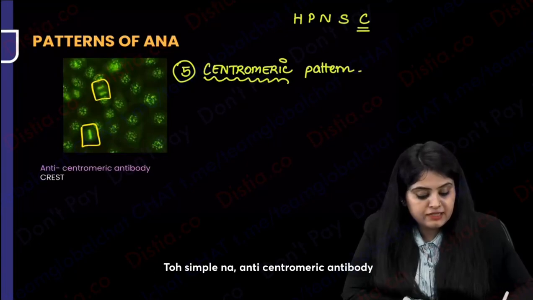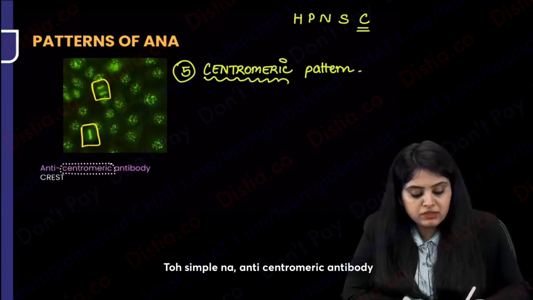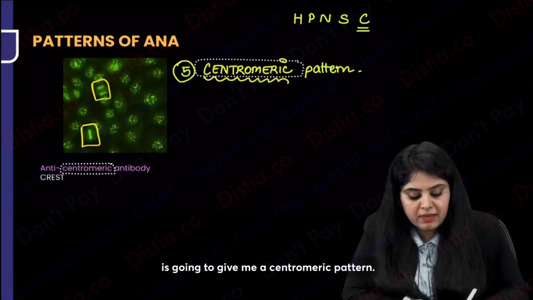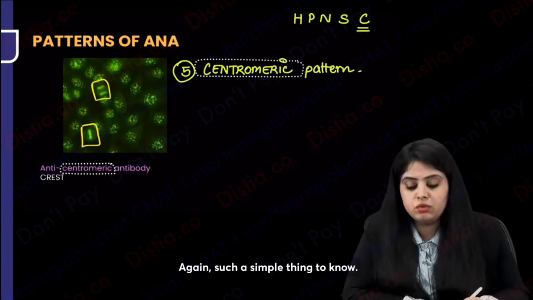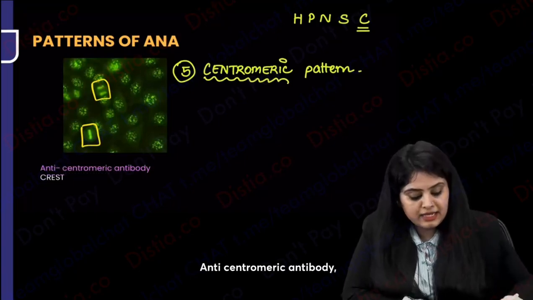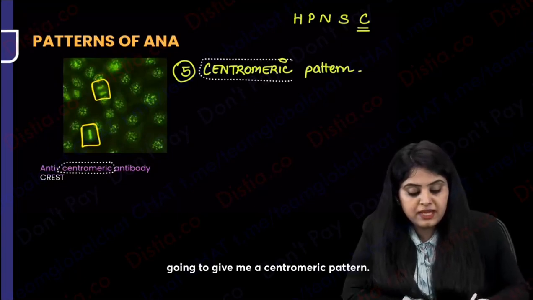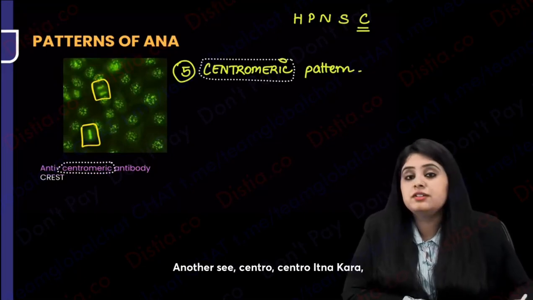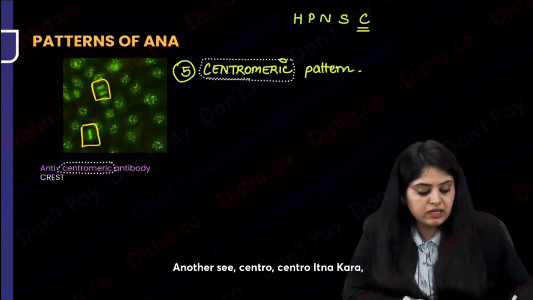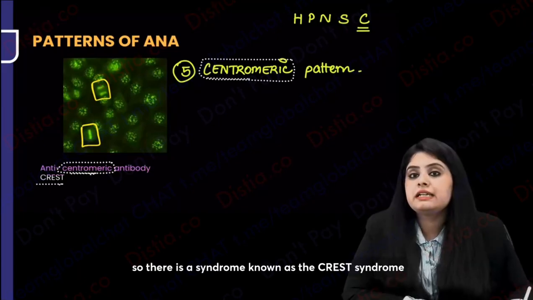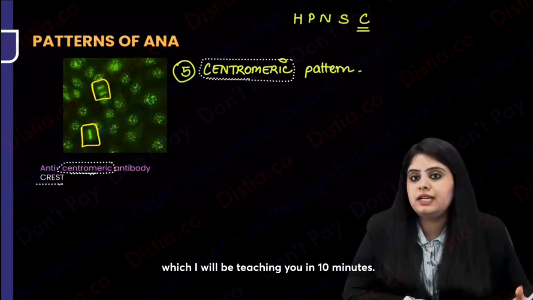So simple, anti-centromeric antibody is going to give me a centromeric pattern. Again, such a simple thing to know. Repeating this once again, anti-centromeric antibody is going to give me a centromeric pattern. And where do you see it? Another C, centromere. There is a syndrome known as the CREST syndrome, which I will be teaching you in 10 minutes.